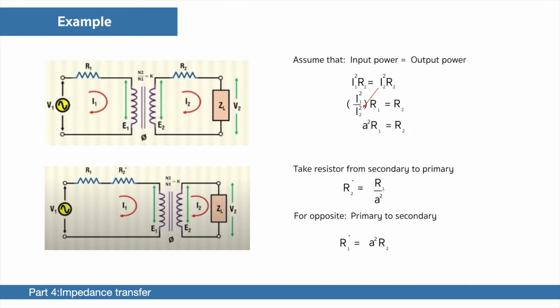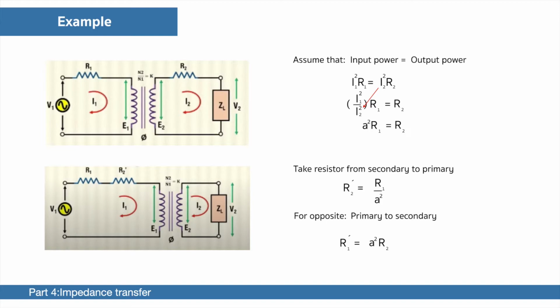For example, here we assume that input power equals output power, so we can write that I squared R1 equals I squared R2. So we move the I together, and here we get a squared R1 equals R2. If we take the resistor from secondary to primary side, then it will be called R2 dash.